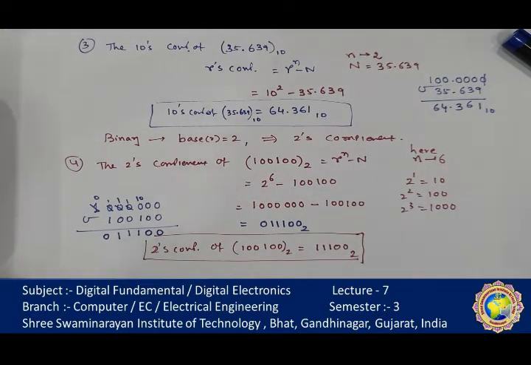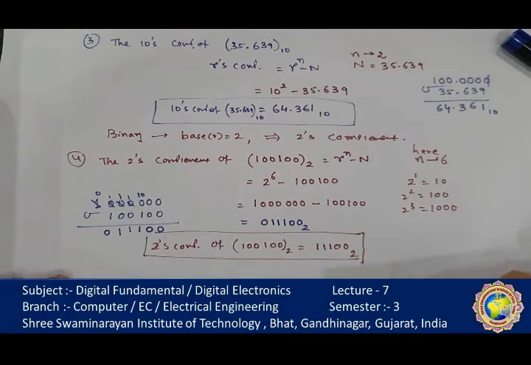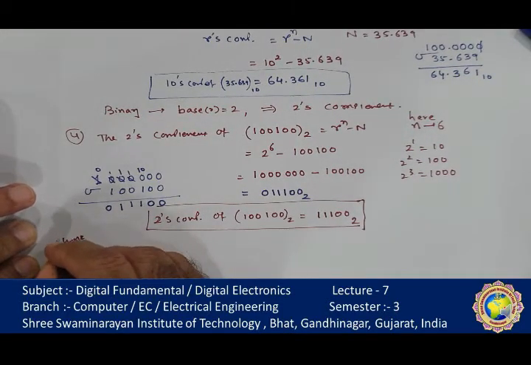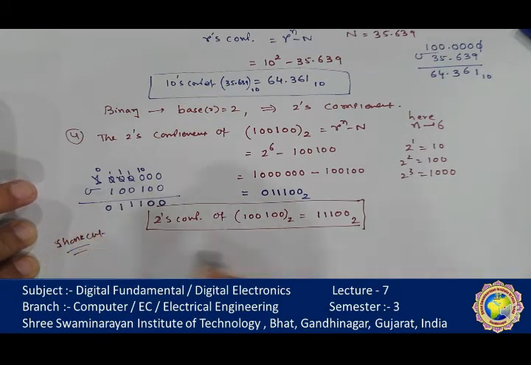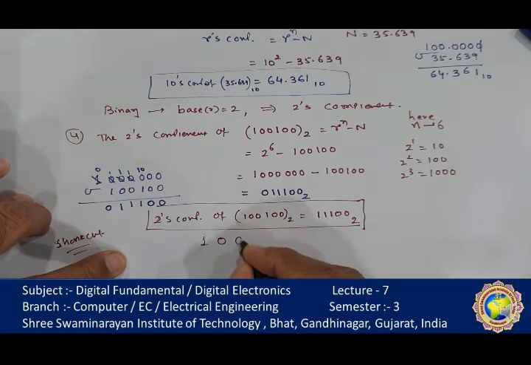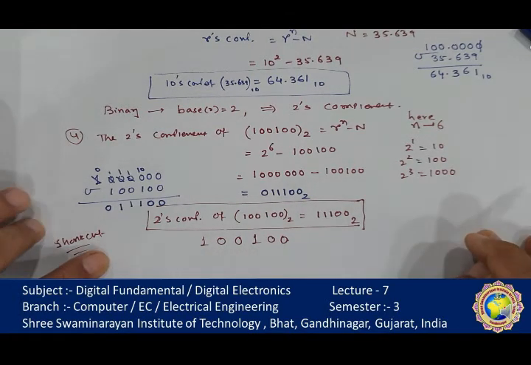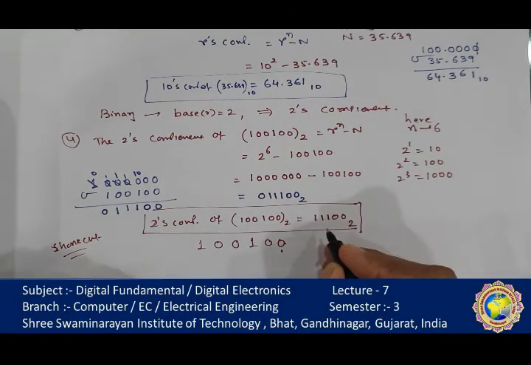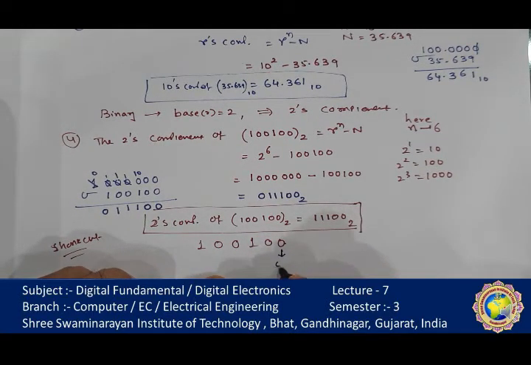Okay, let me define that. The second shortcut, I'm just giving the shortcut, is how it can be directly converted. Our number is 1 0 0 1 0 0. So what we will do, start with the left hand side, leaving all least significant 0s. So this is the least significant 0, so we just put it the same, 0.